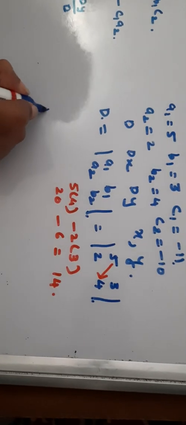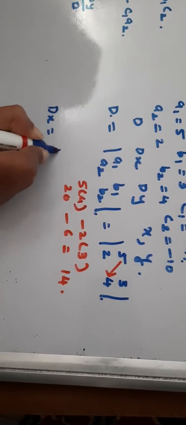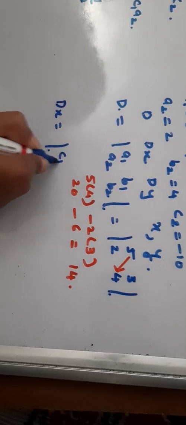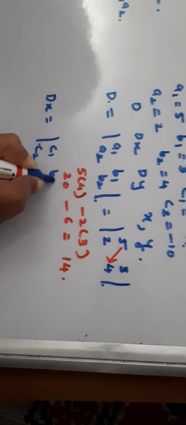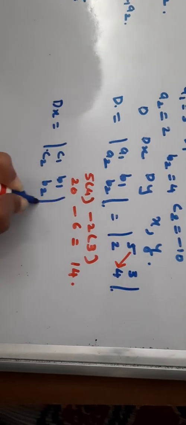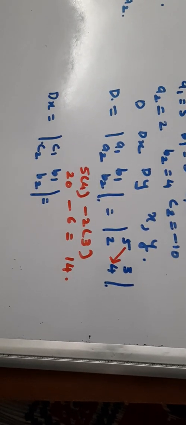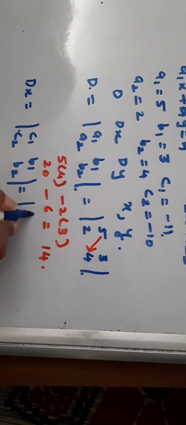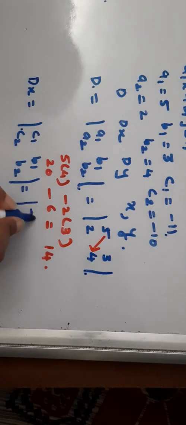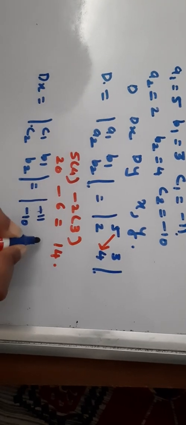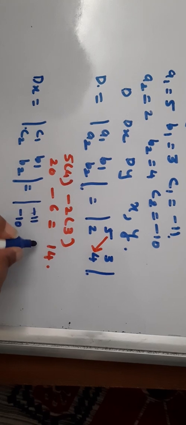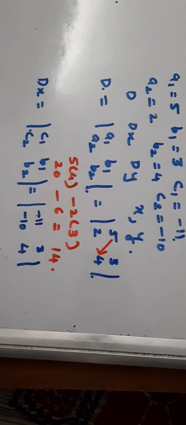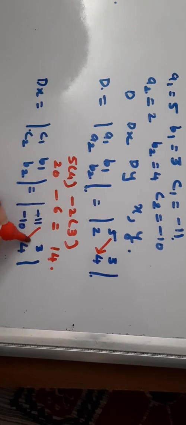Next you have to go for Dx. For Dx it will be kabe, means c1, c2, b1, b2. Substitute the values. Here c is minus 11, minus 10, and b is 3 and 4. Again you have to cross multiply.